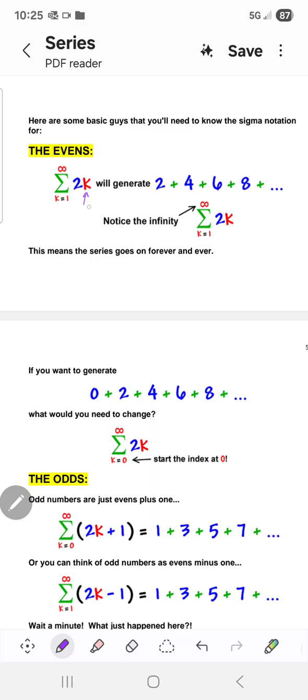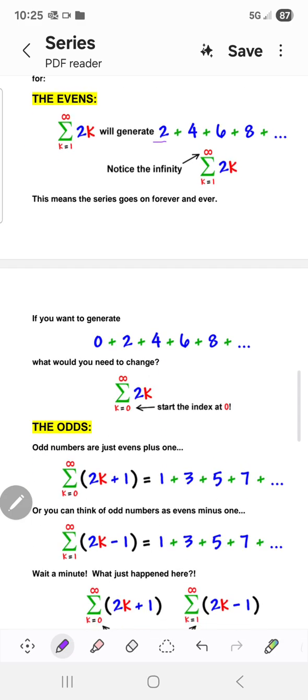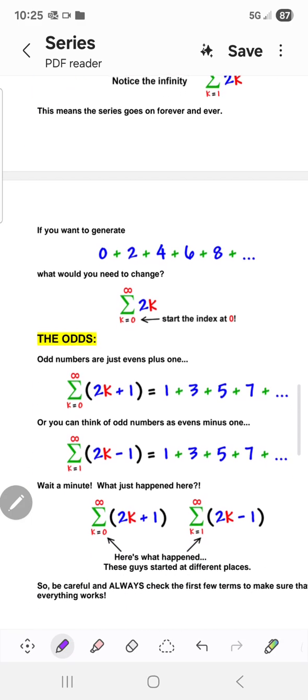If I want all the evens, the first even number is 2. So how do I get 2 times what will give me 2? Oh yeah, 2 times 1 will get me 2. So I'm going to start at 1. And where do I want to go to? All of the evens, so infinity. That's an infinite series. Remember we talked about that last time. Notice that infinity means it goes on and on and on forever.